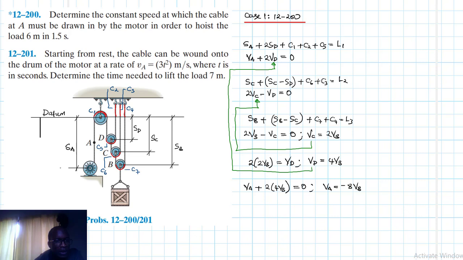So let's indicate directions before we move on. We said this is our datum, and going down we designate as positive. Therefore the motor will be pulling the cable in the positive direction, and the load will be hoisted up, which is negative, going up.